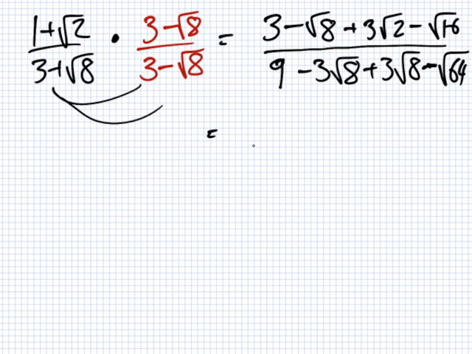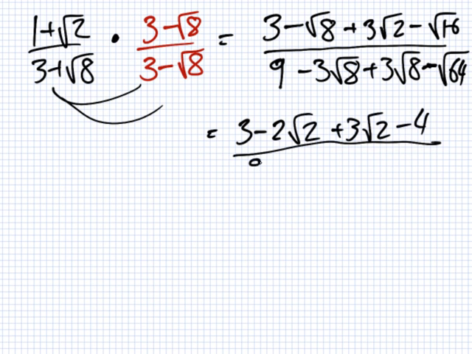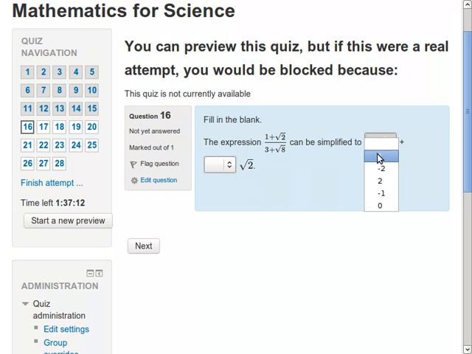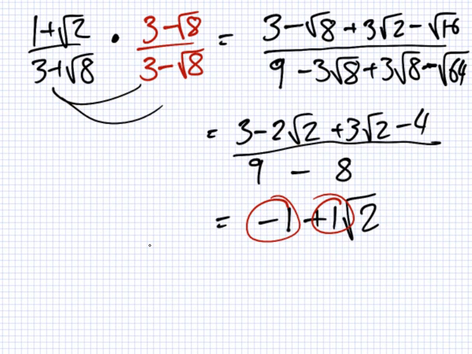So on the top, I'll get 3 minus 2 root 2 plus 3 root 2 minus 4, over 9 minus 8. So I'll get minus 1 plus 1 root 2. So it was minus 1 and 1 here.